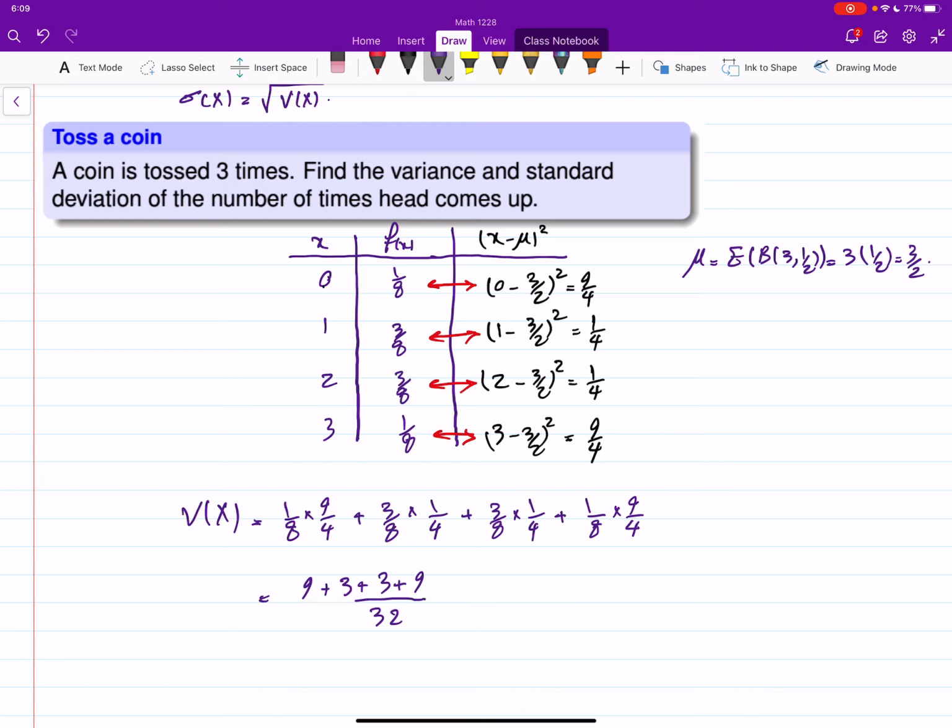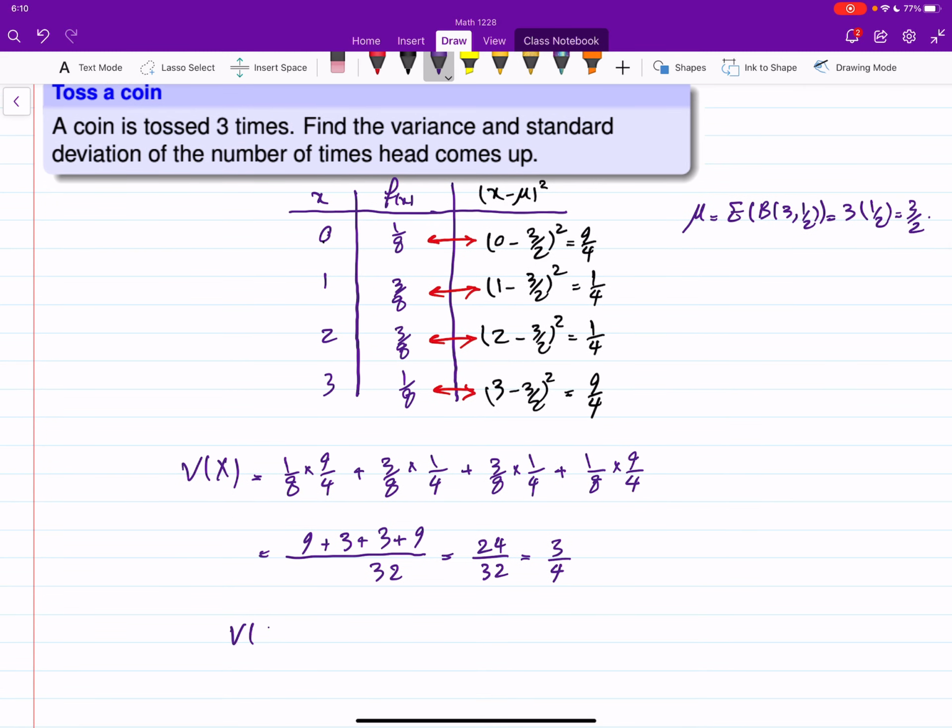That is 24 over 32, which when divided by 8 gives 3 over 4. So we found that the variance is 3 over 4. The standard deviation is the square root of the variance, which in this case is root 3 over root 4, which is root 3 over 2.